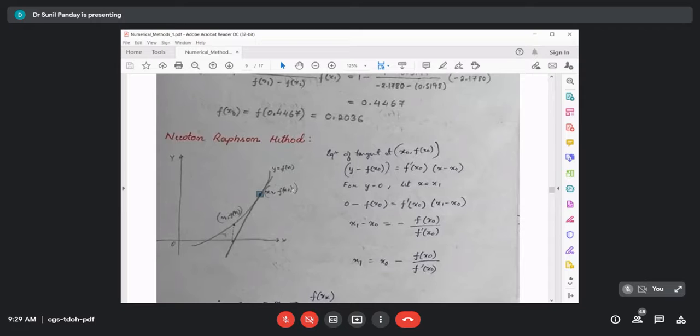So what we are doing here, because we have only a single point, we know only about x naught and f of x naught, obviously, because we know the function. So if we have x naught, some initial guess, then we can easily calculate f of x naught. Then to get the next approximation, we draw a tangent at the point x naught.